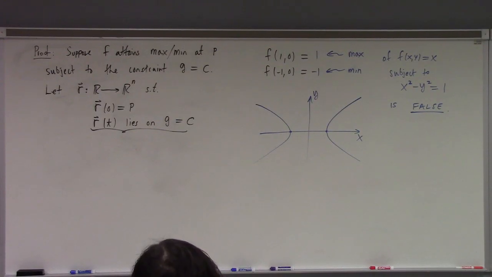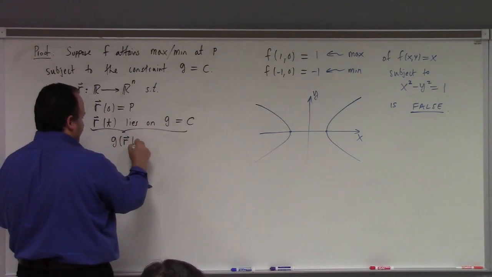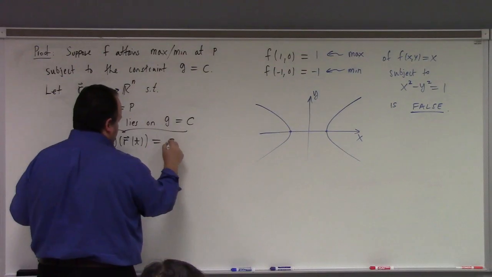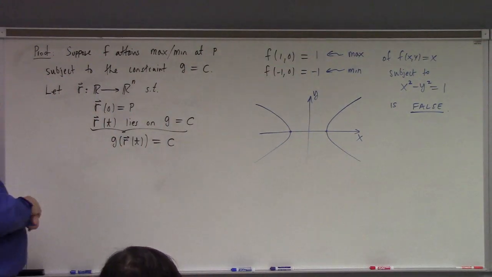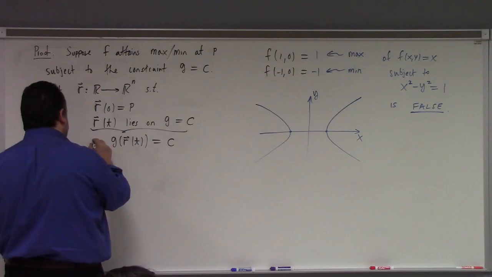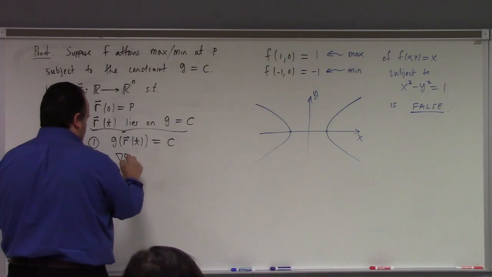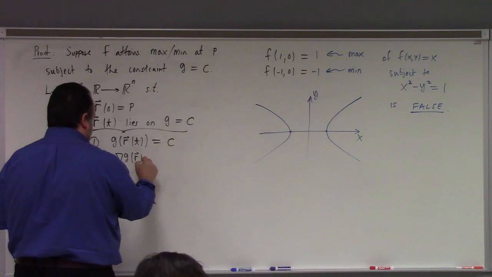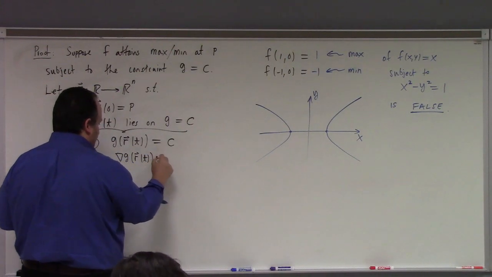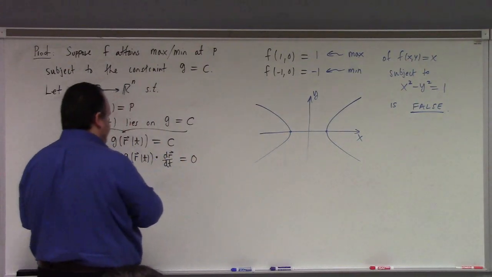G of R of t has to be equal to C, because we're saying it's a curve that lies on the surface, the constraint surface, or perhaps the constraint curve, all right? So that's point number one. And then, of course, from this, we get that the gradient of G at R of t dotted with dr/dt is equal to 0.